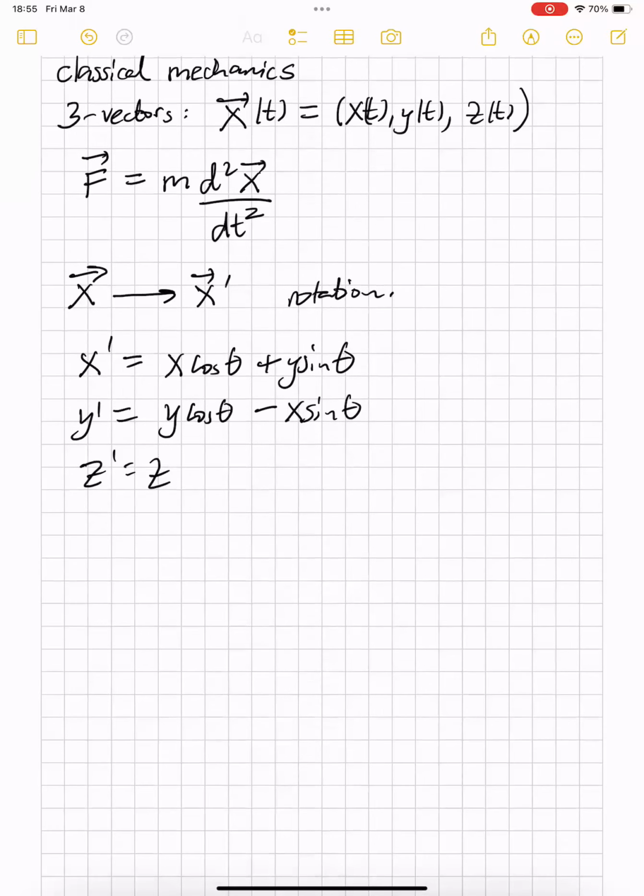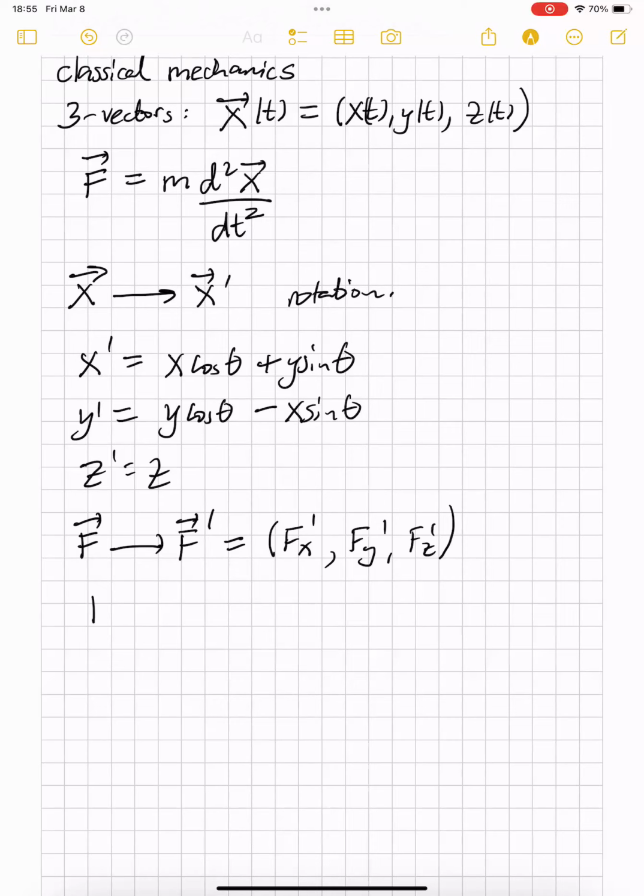Now, when I say that all vectors transform in this way, if I was to look, for example, at the force, F might transform under the same rotation into F prime. And then let's imagine that F has got 3 components. So it's Fx prime, Fy prime, and Fz prime.